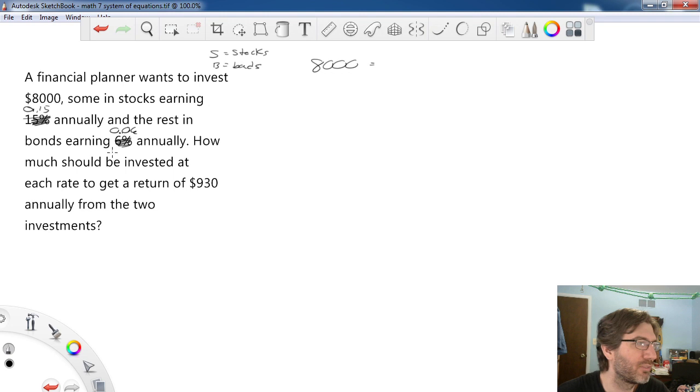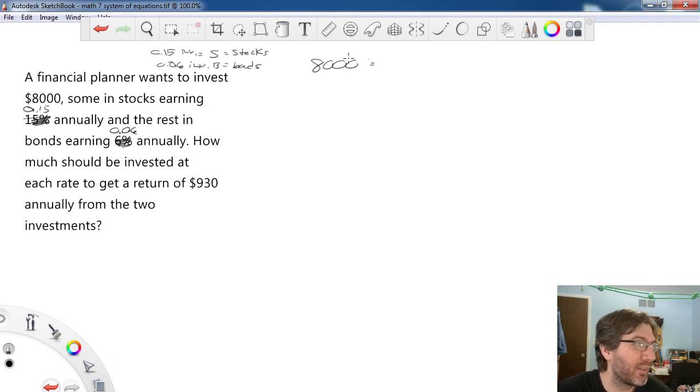I feel like I named them after the percents. Right, this is your 0.15 investment, and this here is your 0.06 investment. Just try to keep things, I guess I'll put a V for investment. Just try to keep things organized there.